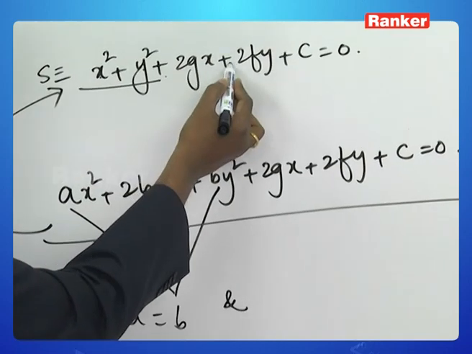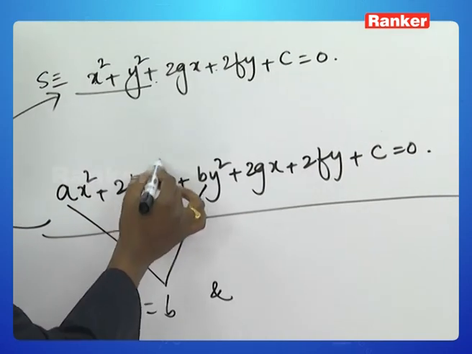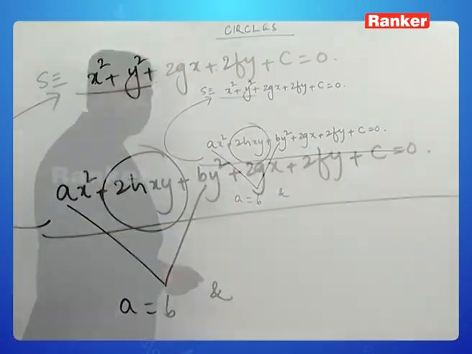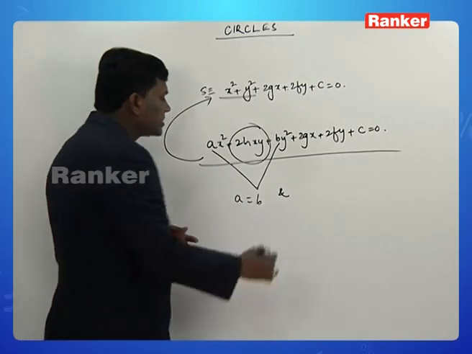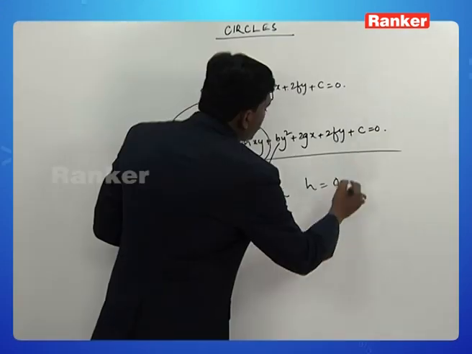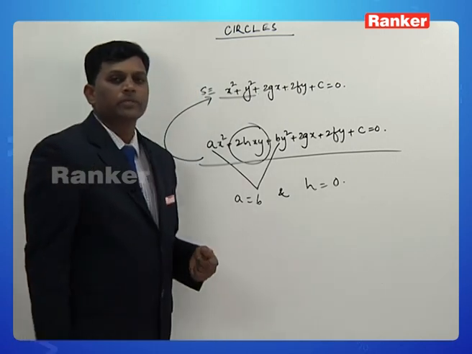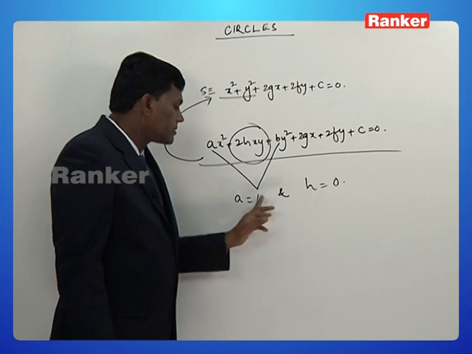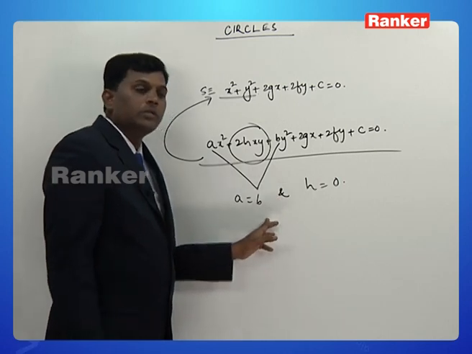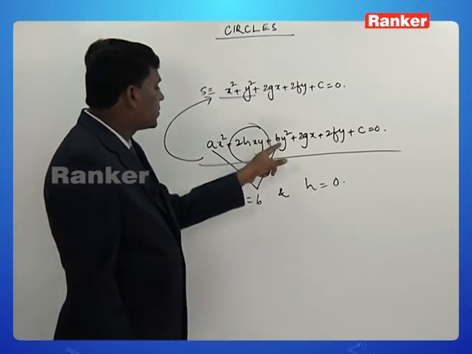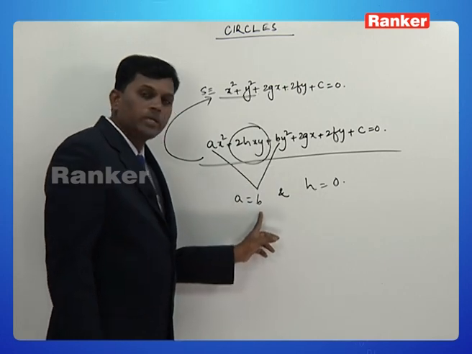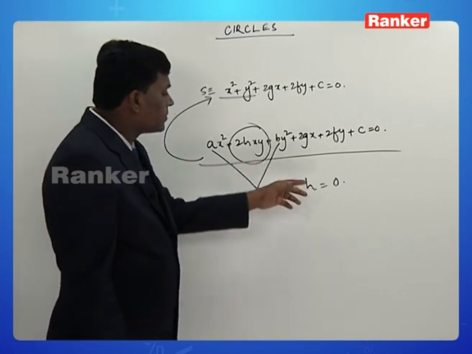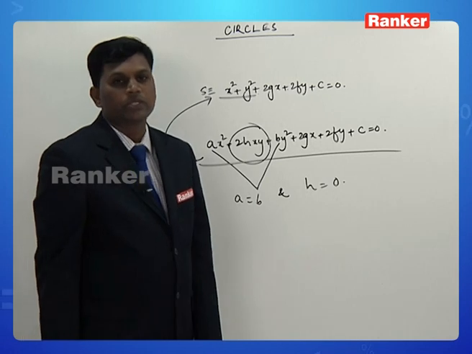And observe this case. In the standard equation of the circle, we do not find the xy term. It must disappear. It is possible if and only if we take h equals 0. So that is why, for this equation to represent a standard circle equation, we have to take the x square and y square coefficients equal, a and b, and also the xy coefficient h equals 0.